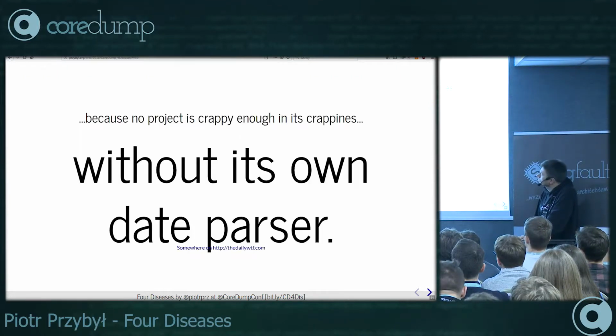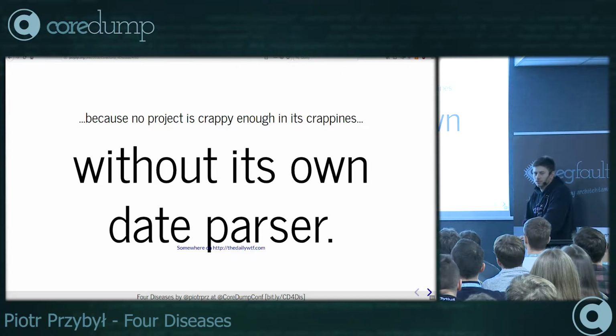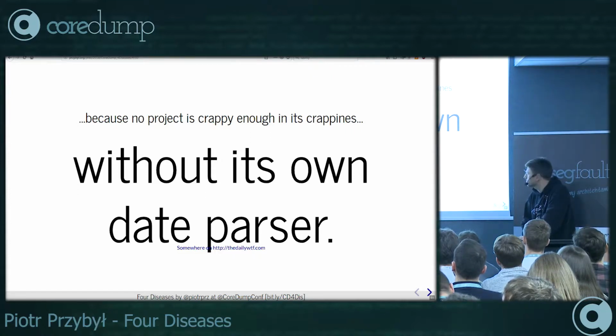Because as they say on The Daily WTF, there is no project crappy enough in its own crappiness if it doesn't have its own date parser. If you have your own date parser, you're a proper business project, right? If you just rely on these bloody datetime libraries, you just suck because you don't have your own date parser.